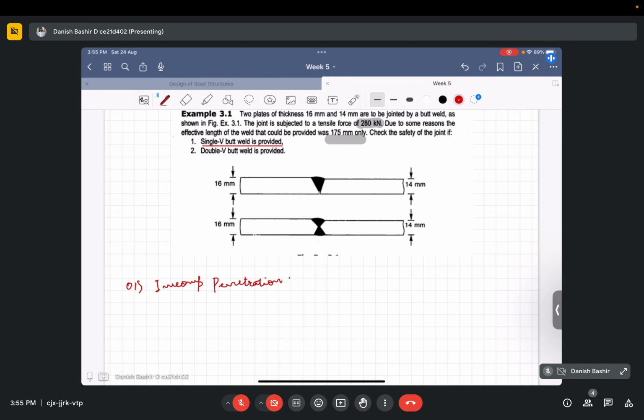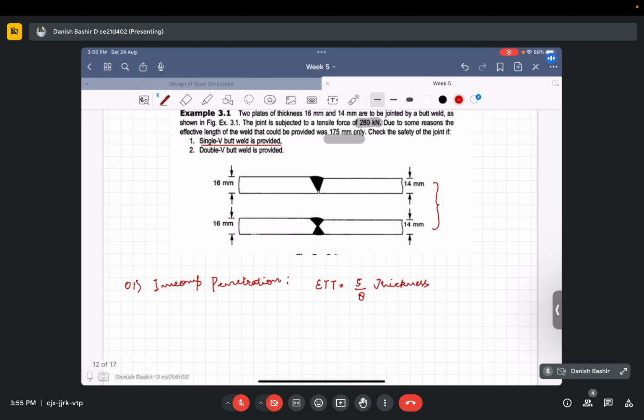I already told you, if there is incomplete penetration, you have to take the effective throat thickness as 5 by 8 of the thickness of the thinner member. Out of these, the thickness of the thinner member, 14 mm, is the lowest.